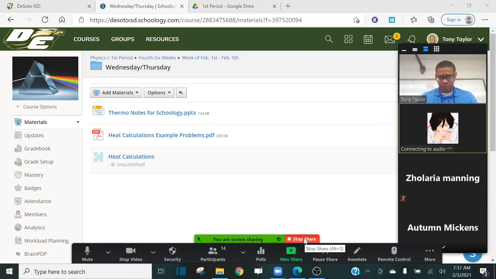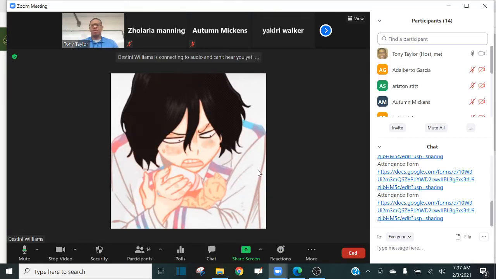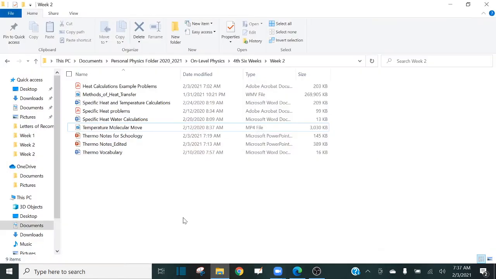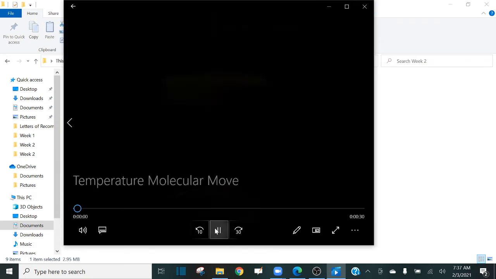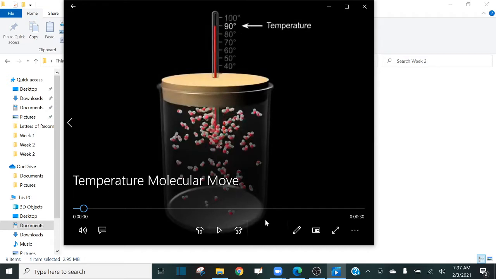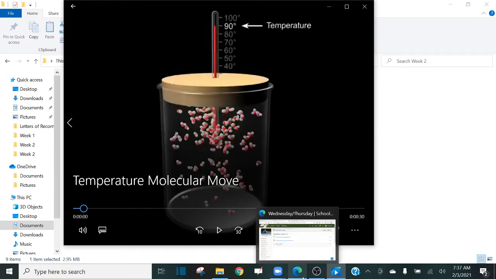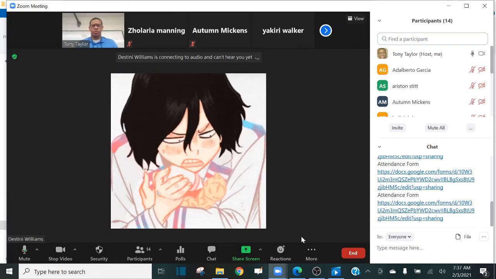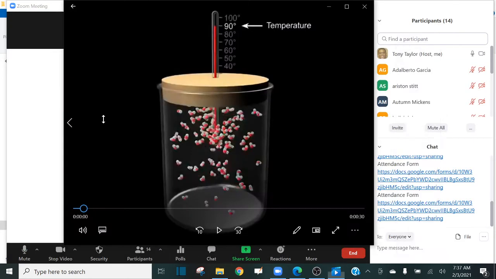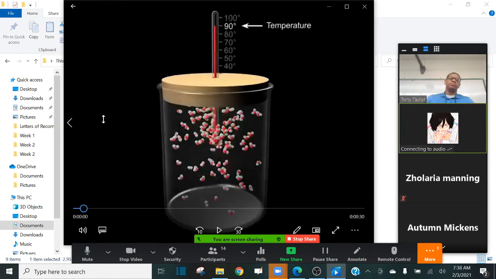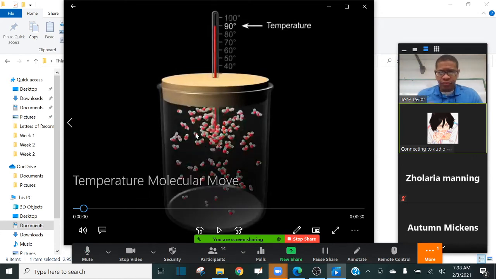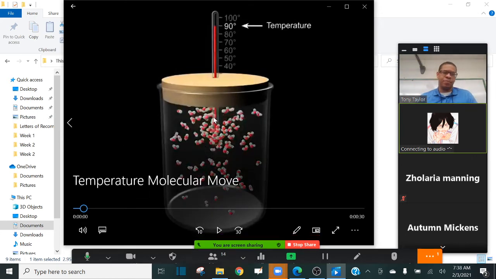Okay. Now, before I begin that PowerPoint, I want to be sure to define a term that everyone has heard before, but may not have necessarily thought about what it means. That term is temperature. Everybody in here is familiar with temperature, right?